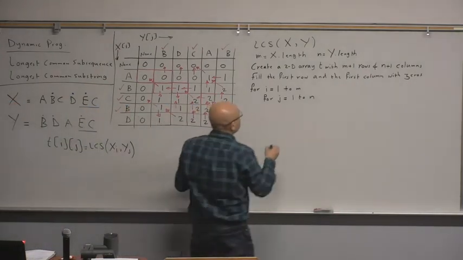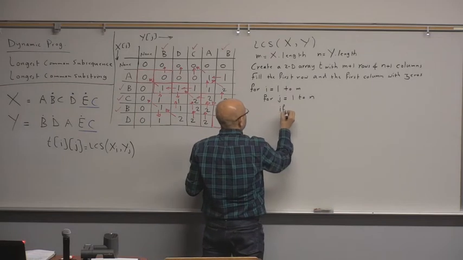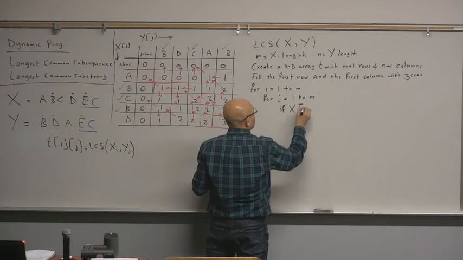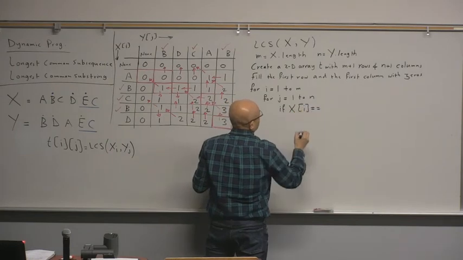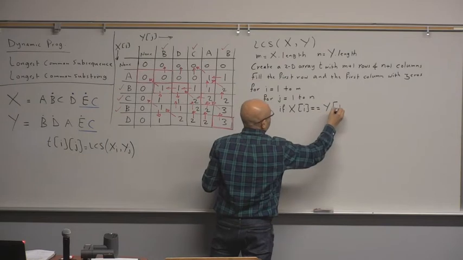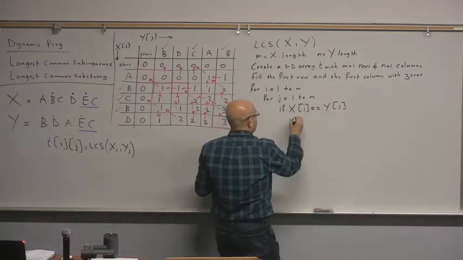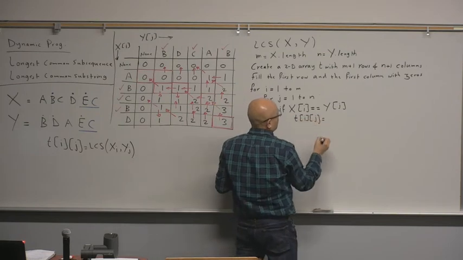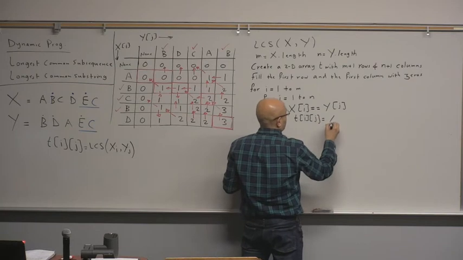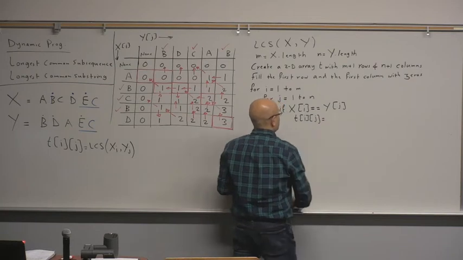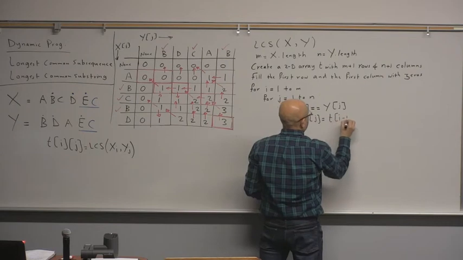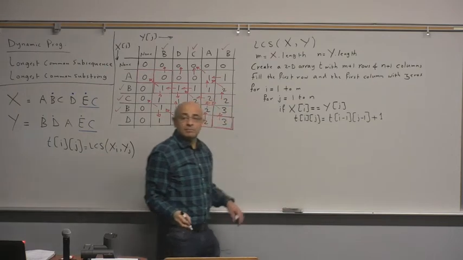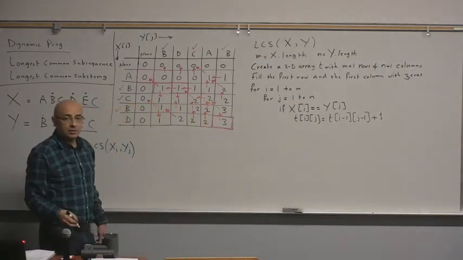So if x of i equals y of j, we apply the rule: T of i and j equals T of i minus 1 and j minus 1, plus 1. Okay?